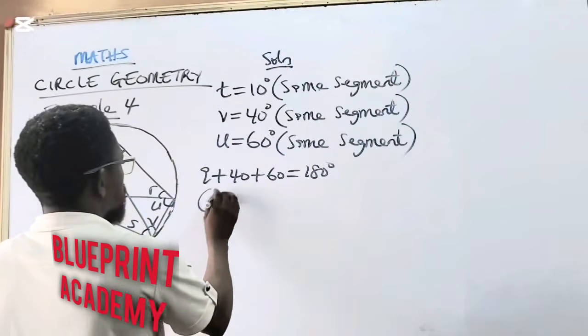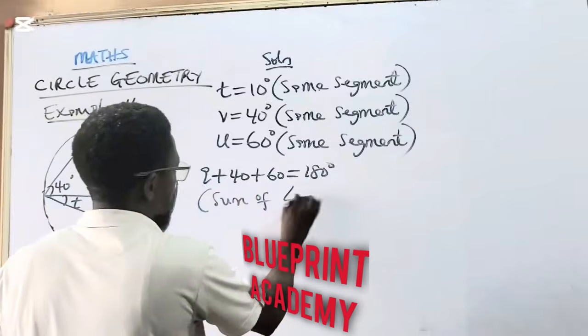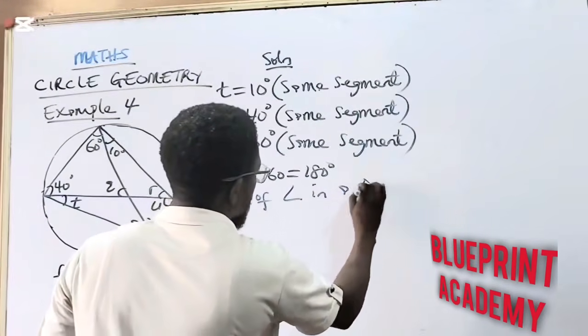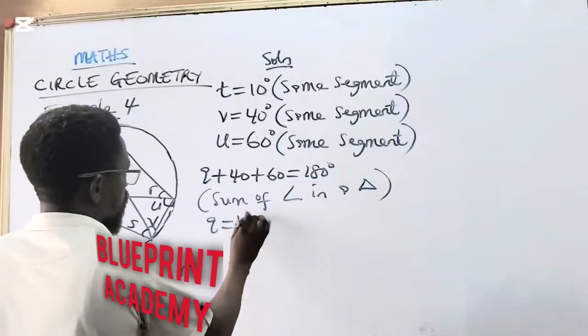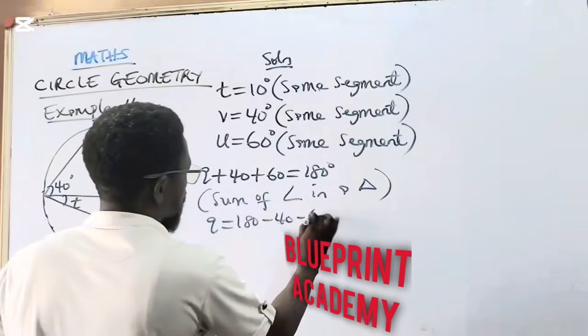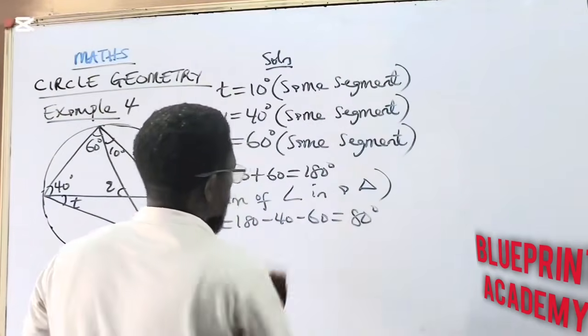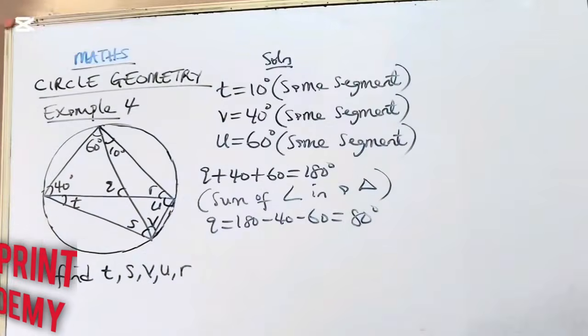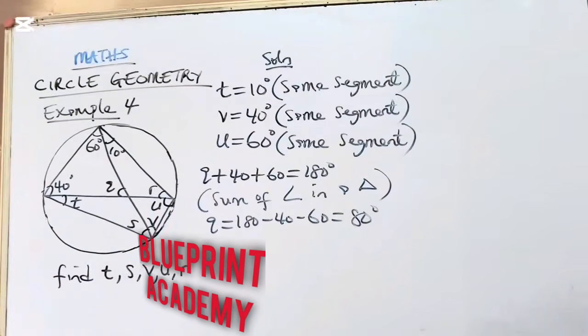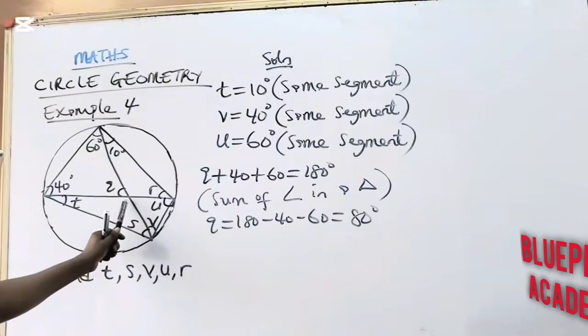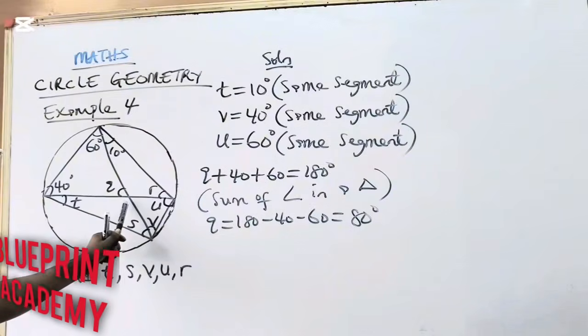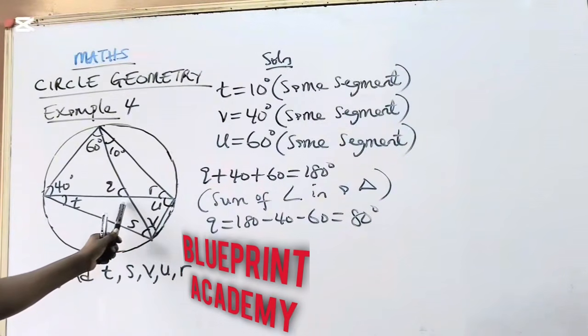That's sum of angles in a triangle. So Q will be 180 minus 40 minus 60, and that will be 80. So once I've obtained the value of Q, I can get S because Q and this angle here are on a straight line.